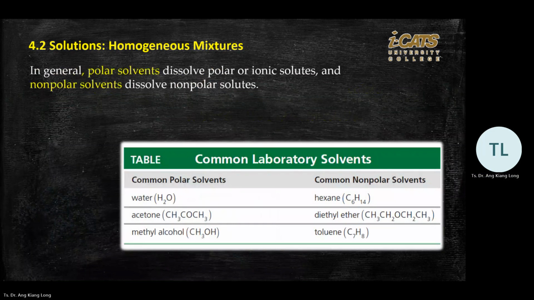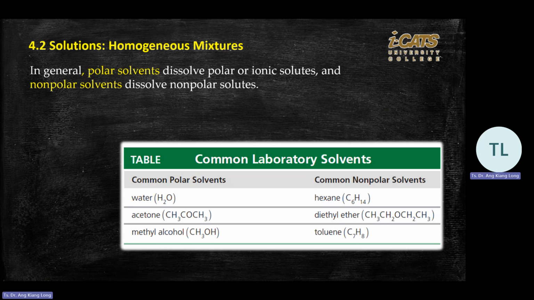Now we start to look at polar and non-polar. We already finished chapter 3, where we introduced what is polar and what is non-polar. Basically, polar and non-polar cannot mix. Only polar can mix with polar. A polar solvent dissolves a polar solute.